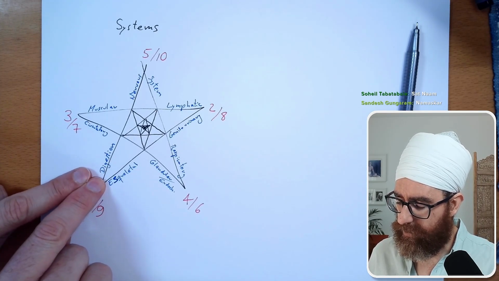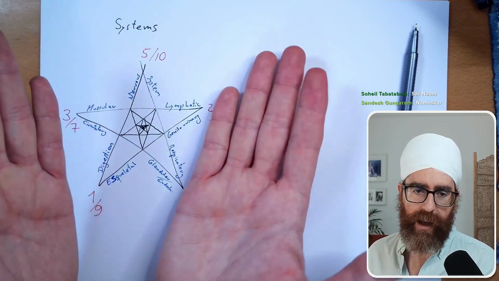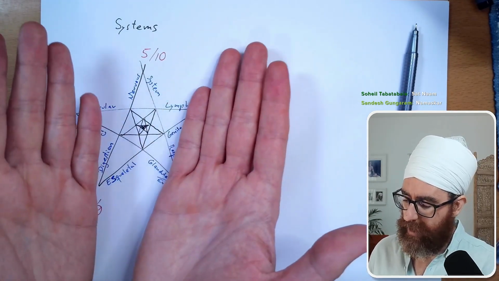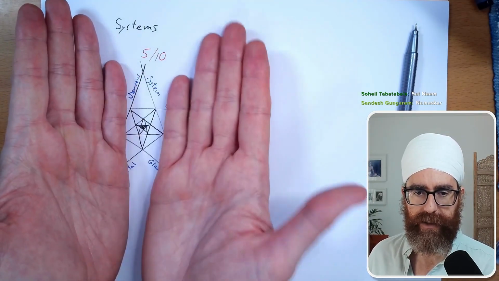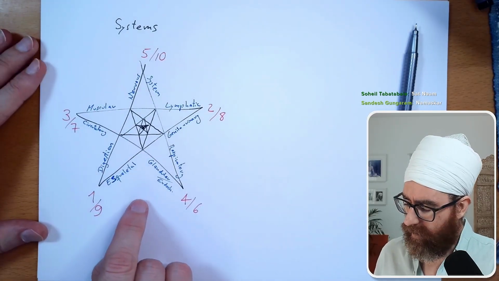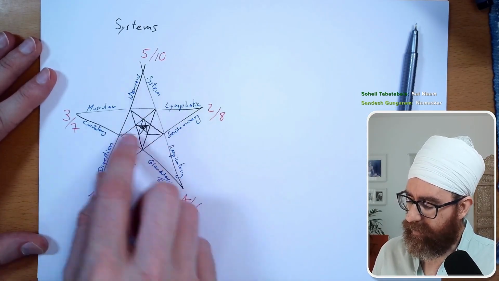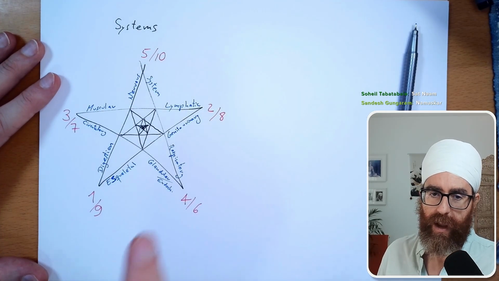But it makes sense that it's connected, because these two numbers are connected and these two as well. We're going to see more about this in future videos, but there is a differentiation between this side of the star and this side of the star. We will see this possibly in the next video or in a few more. So there are things that are being shared, but everyone has its own characteristics and its own qualities.